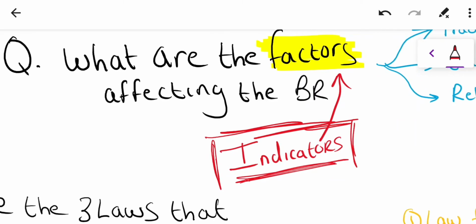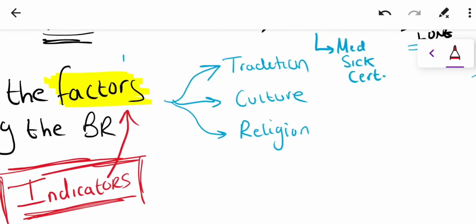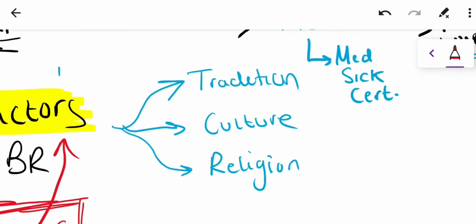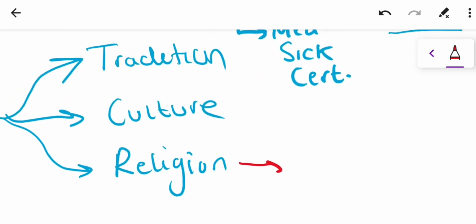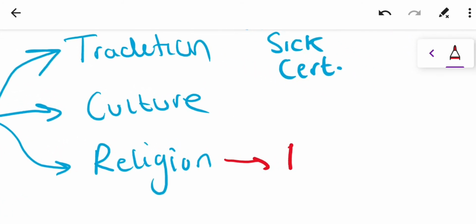The answer is traditional culture and religion. Okay? We've already mentioned religion before. You know how Ireland, especially, have a very large birth rate.